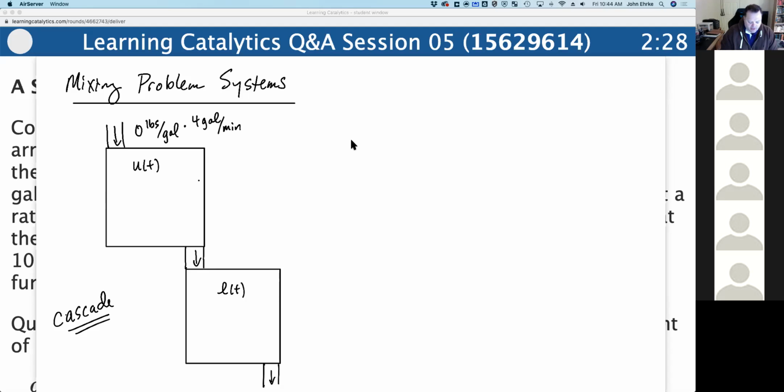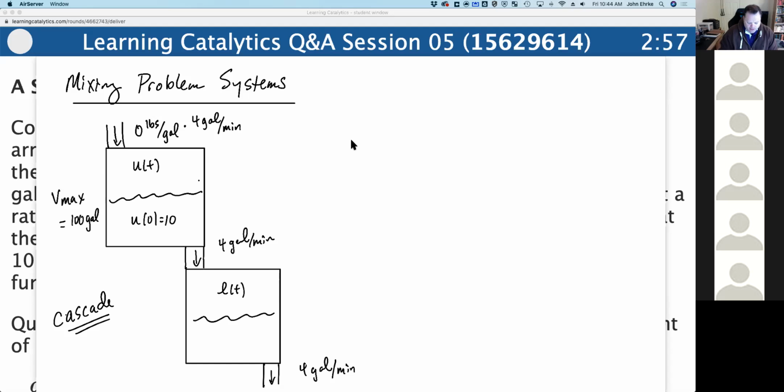And then leaving the tank, you have a rate of 4 gallons per minute, and another rate of 4 gallons per minute leaving the bottom. You're told that initially the tanks are both 100 gallons, and the upper tank initially has 10 pounds of salt, and the lower tank initially has 20 pounds of salt.